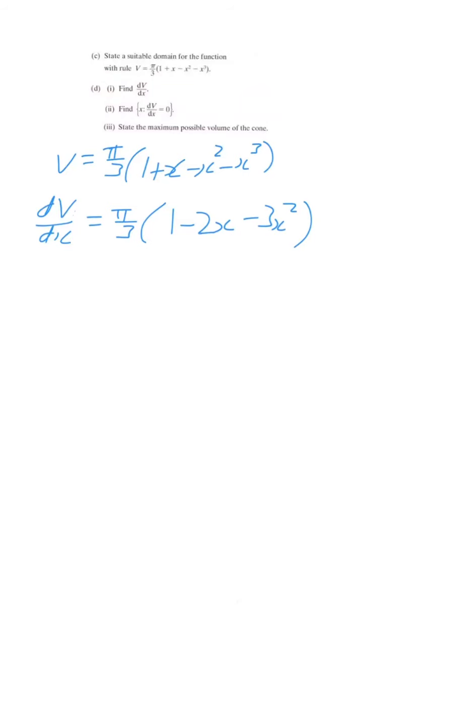The next bit now, I need to find out what x is. And to do that, we'll equal this to 0. So now I can see there's a pi over 3 at the front, so I'm going to divide across by pi over 3 to get rid of that. So now I'm left with 1 minus 2x minus 3x squared equal to 0.